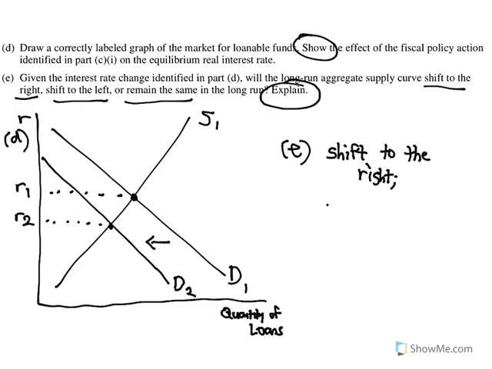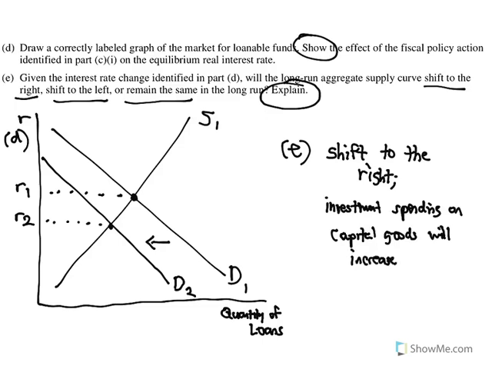So for an explanation, what I put was investment spending on capital goods, that's man-made tools and machinery, will increase due to lower real interest rate.